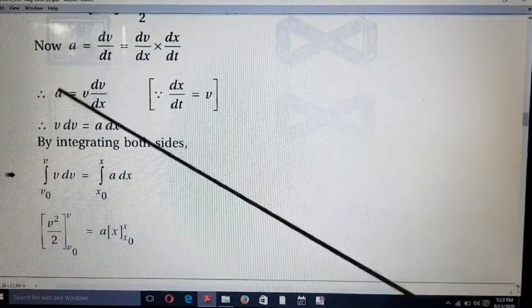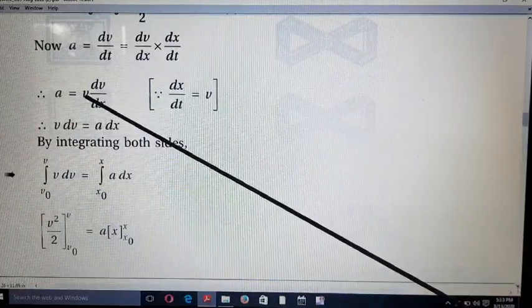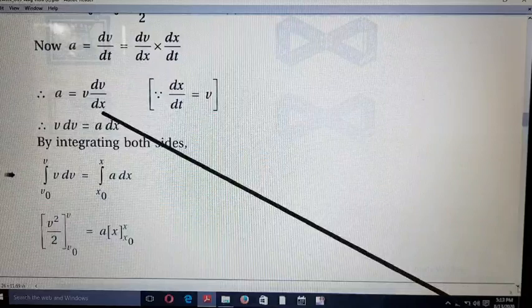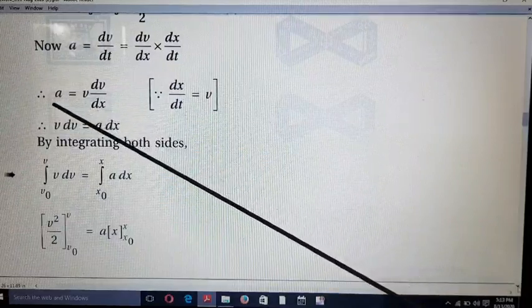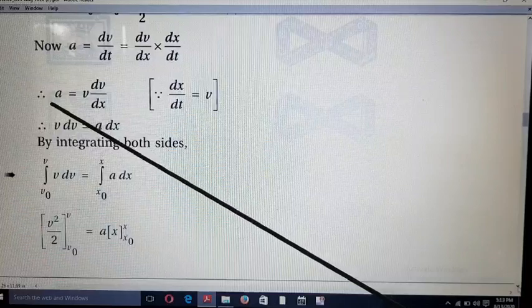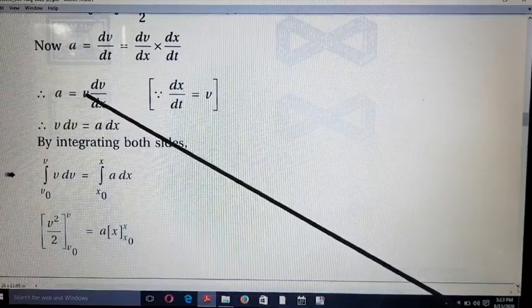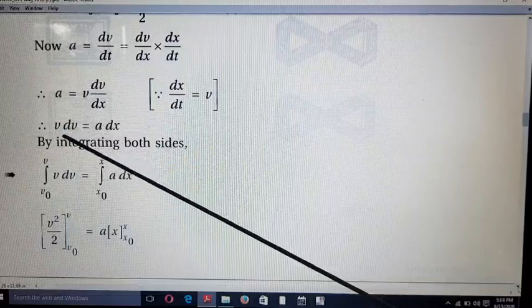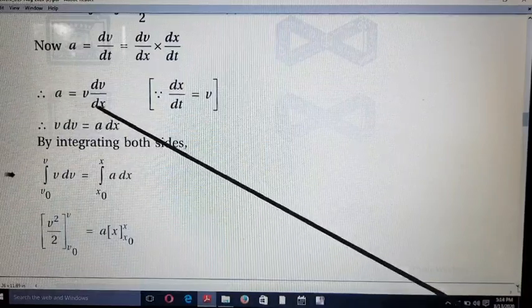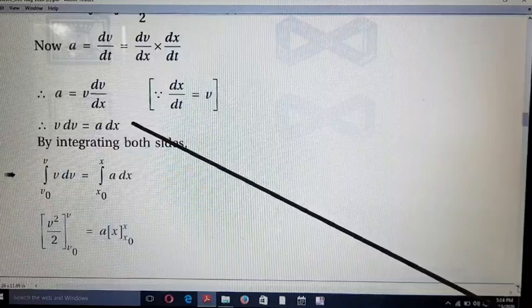So acceleration a is equal to v, and dv upon dx as it is. This dx is multiplied on the left hand side, so we get a dx is equal to v dv. Here v dv is moved to the left hand side and a dx to the right hand side. So we get this type of equation.